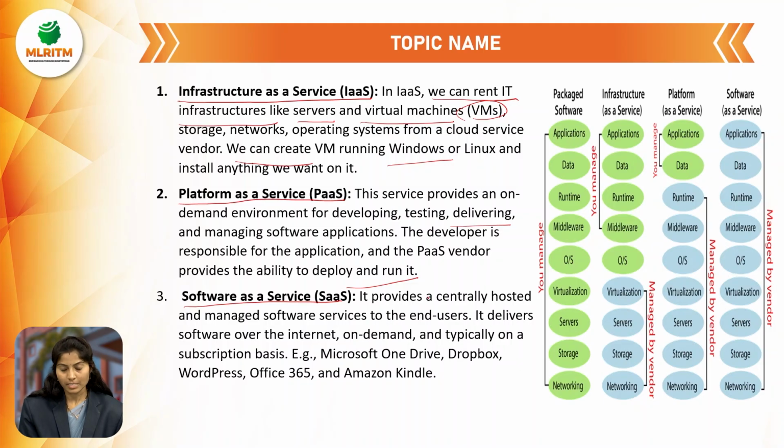It provides centrally hosted and managed software services to end users. It delivers software over the internet on demand, typically on a subscription basis. Examples: Microsoft OneDrive, Dropbox, WordPress, Office 365, Amazon Kindle. This is the architecture of the cloud services.